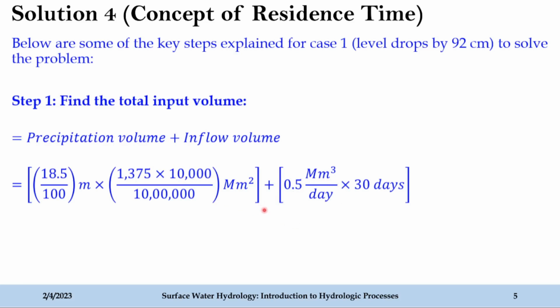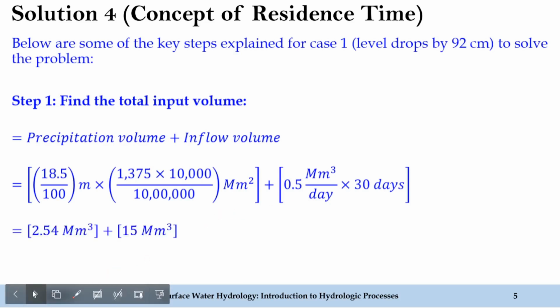And accordingly, we have also estimated the inflow volume, which is 0.5 millimeter cube per day into 30 days. We have seen in the previous table as well how these conditions were given to us and how we are converting their units for easy calculation.